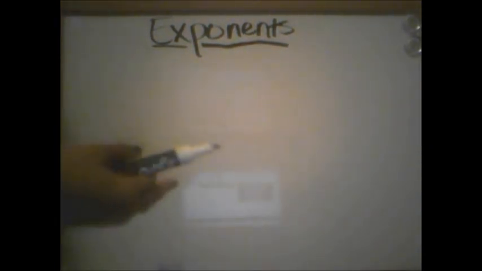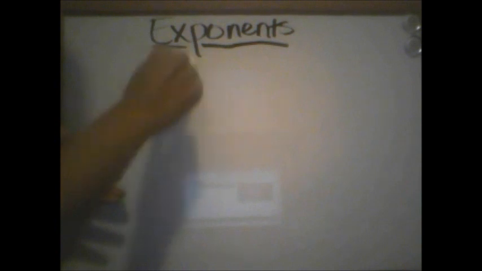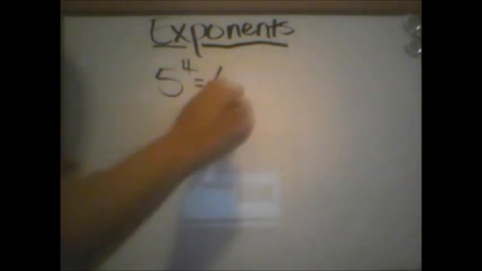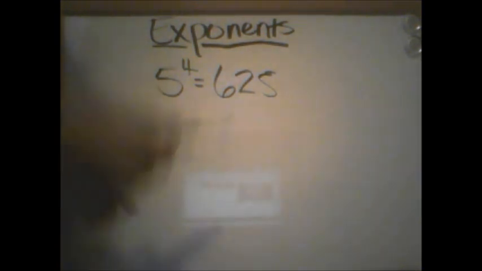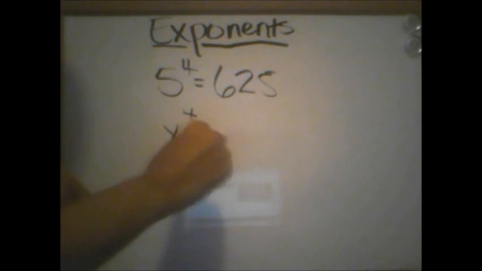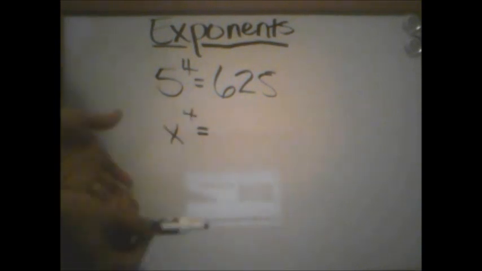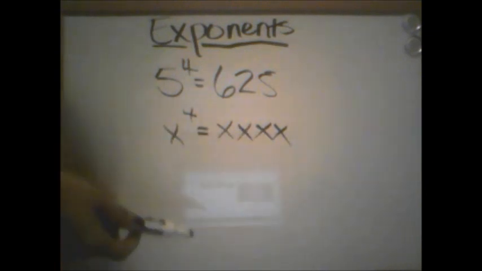Using exponents is basically like a shorthand or a shortcut for multiplication. It's easier to write 5 to the 4th power, and it's just as easy to write 625. But what if we had x's, a variable? Writing x to the 4th power is more convenient than writing x, x, x, x.